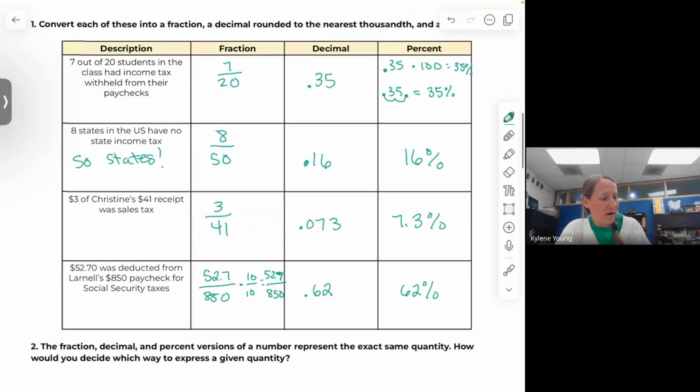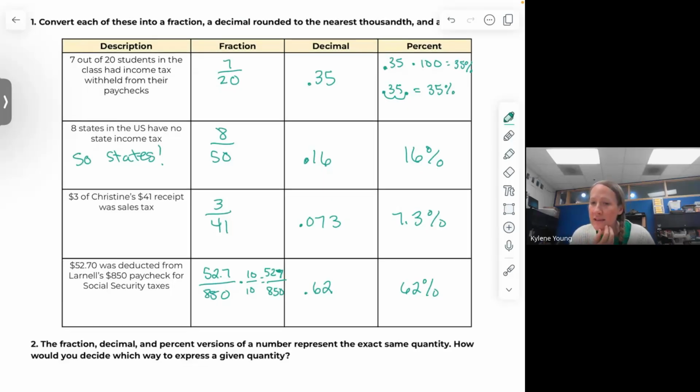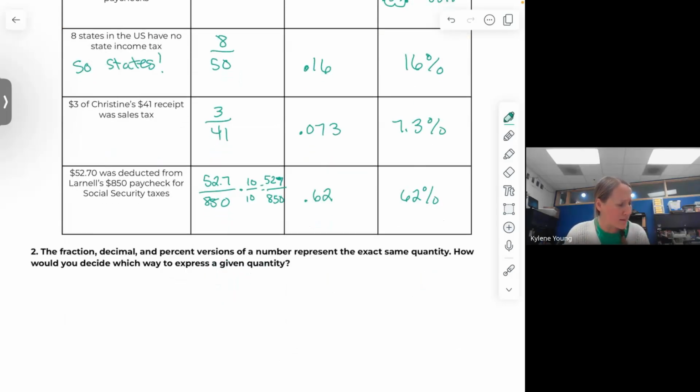Okay, so I hope you did this on your own. Came back to check the answer key. Here's what we have. For problem 2, you all probably have some different answers. I can give an answer to, I would say we like to see fractions if we're talking about ratios. So for example, miles per hour.